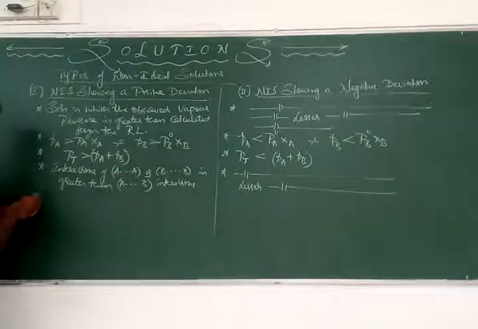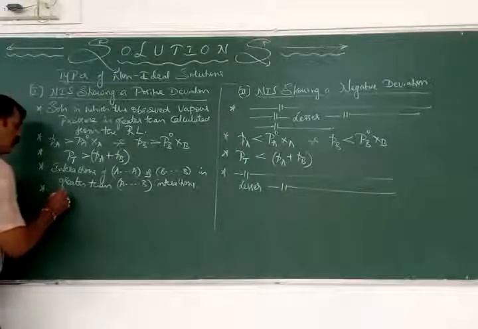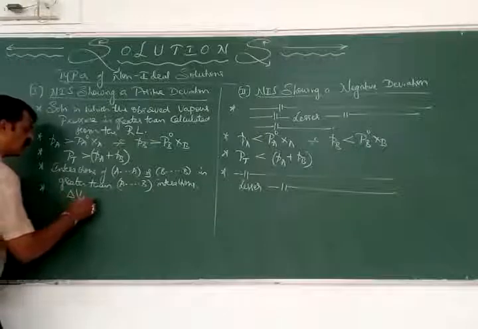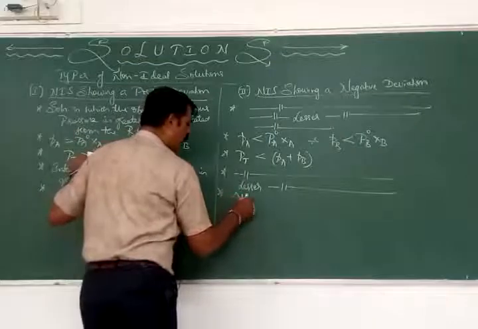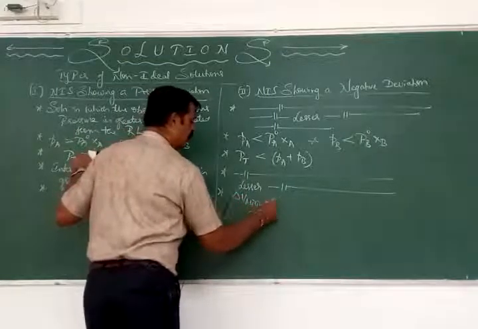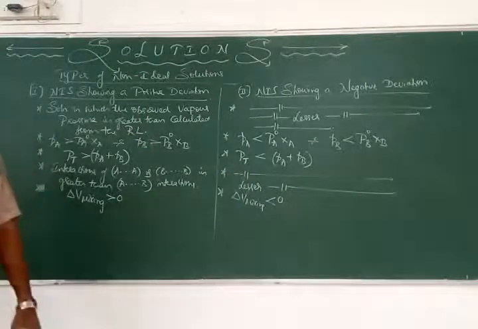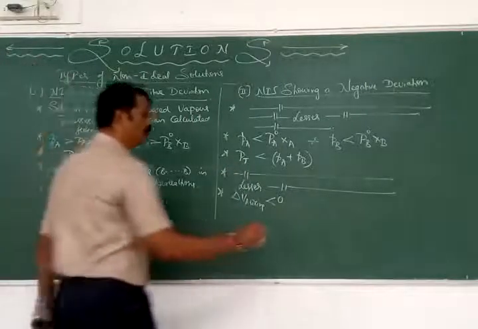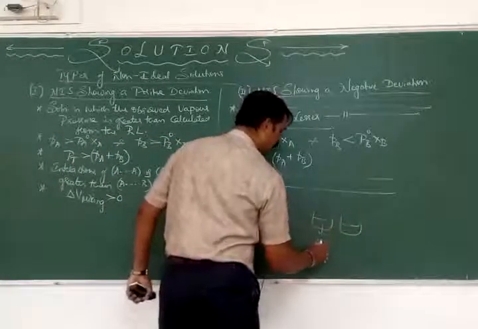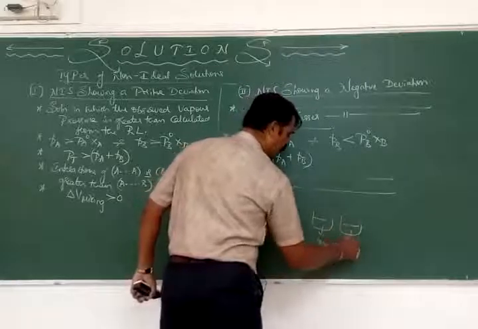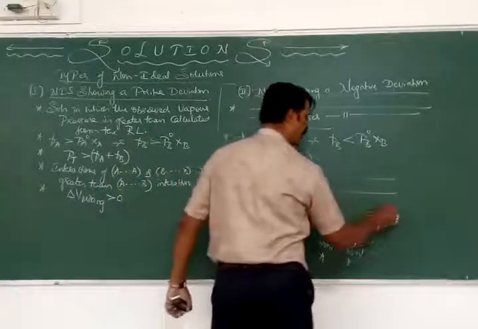Okay. So now, delta V mixing is equal to 0 in one case, greater than 0 in another. Here, delta V mixing is less than 0. What's the meaning of that? If I mix two liquids, for example, let us take 100 ml of A and 100 ml of B. There are three different possibilities here.